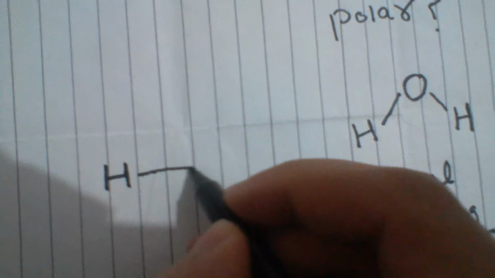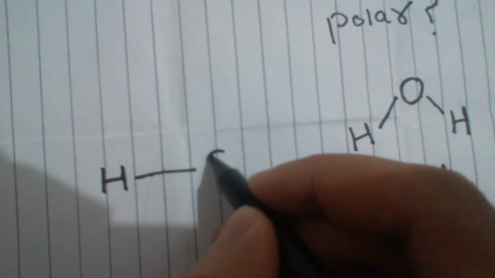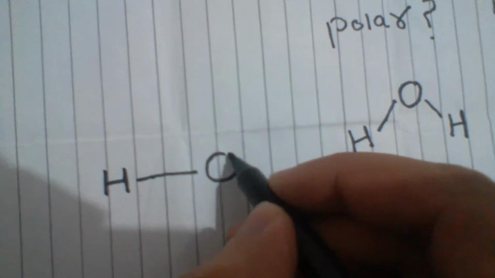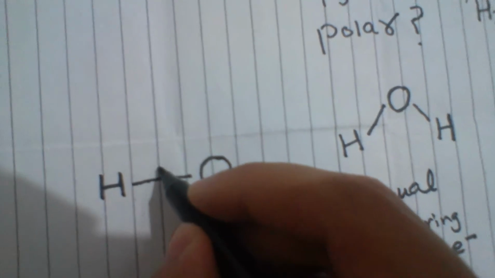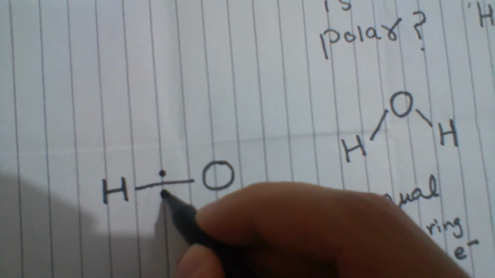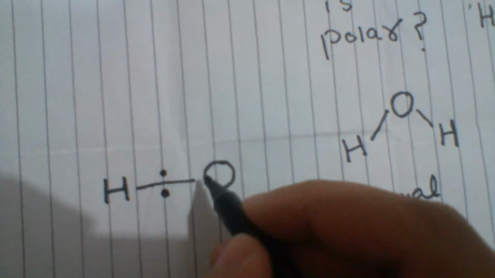Here we have hydrogen, making a covalent bond with oxygen. So in an ideal situation, if we have to talk about the sharing of electrons, then it has to be in the middle of hydrogen and oxygen.